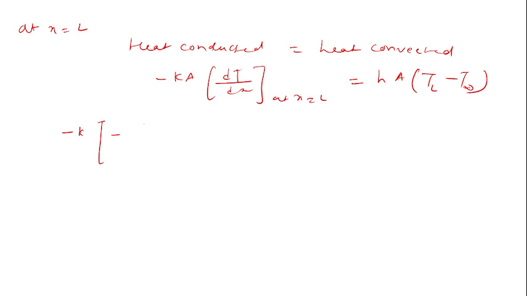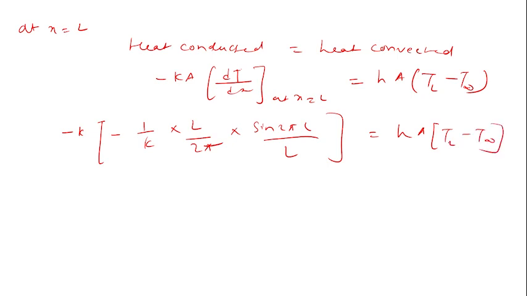It will be minus k into 1 by k into L by 2 pi, and this will be sine 2 pi L divided by L, and it will be hA into T at L minus T infinity. So one thing we can say is that T at L will be T infinity. So when you solve this, L square by 4 pi square k plus C2 is equal to T infinity.